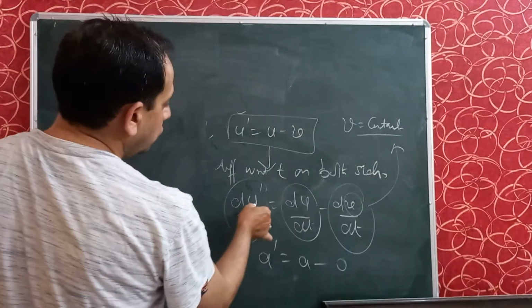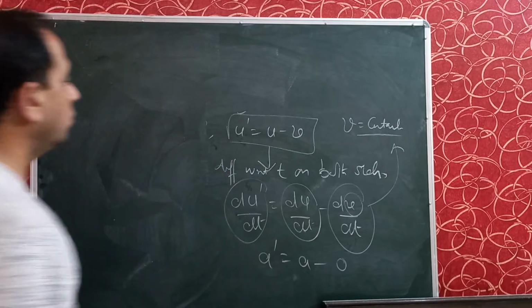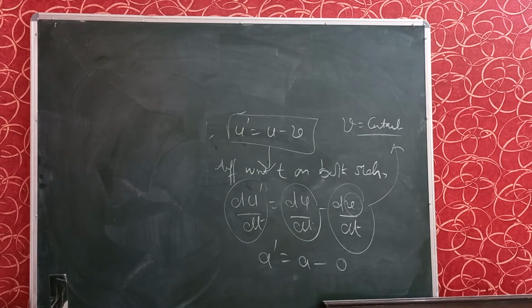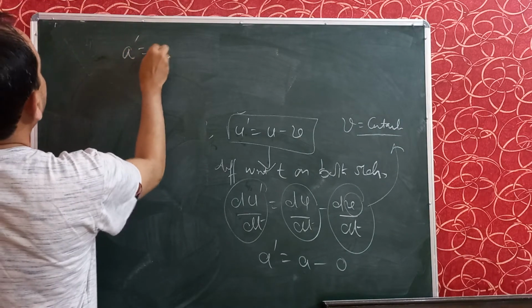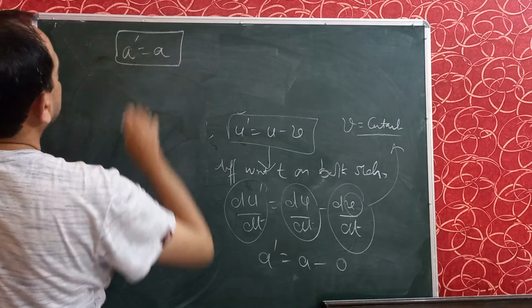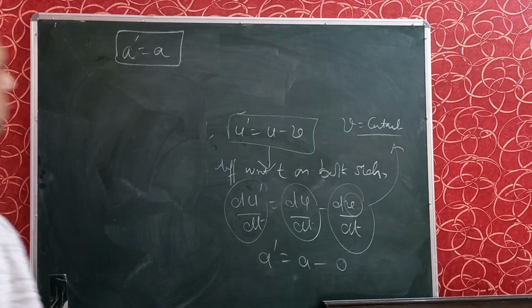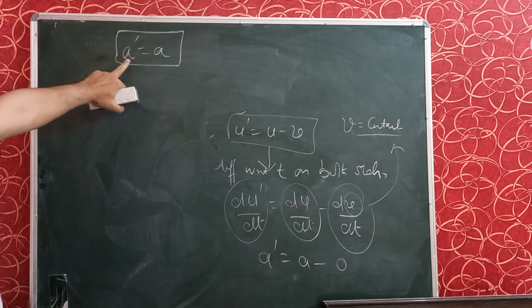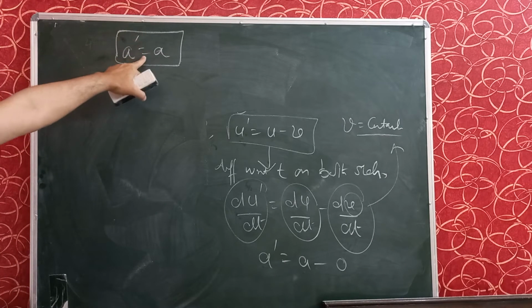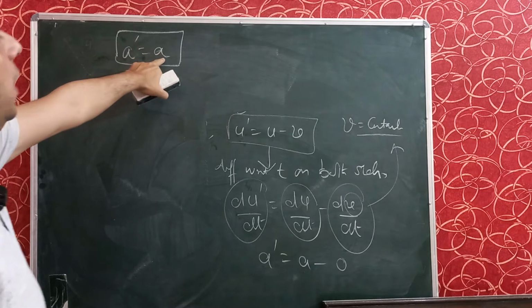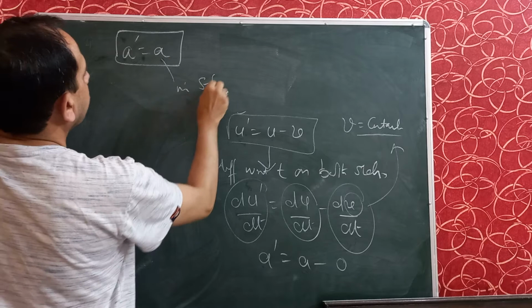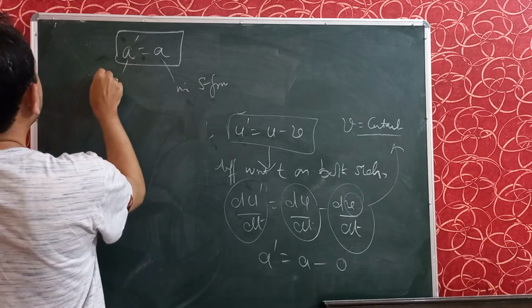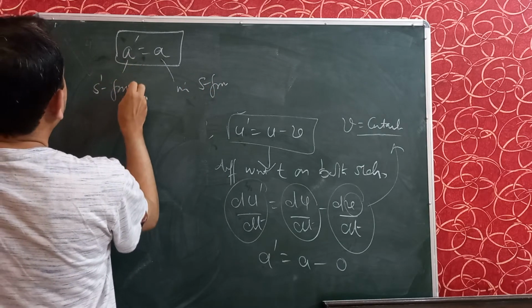But u and u dash are the velocities of the particle. This velocity is not constant. Therefore, we will get a dash equal to a. So it means the acceleration in the S dash frame is the same as the acceleration in the S frame. This is the acceleration in the S frame, and this is the acceleration in the S dash frame.